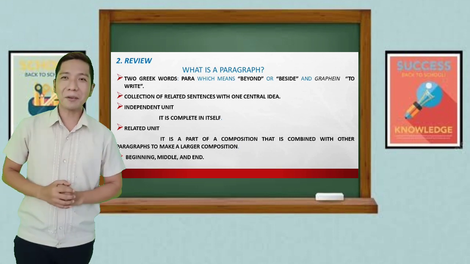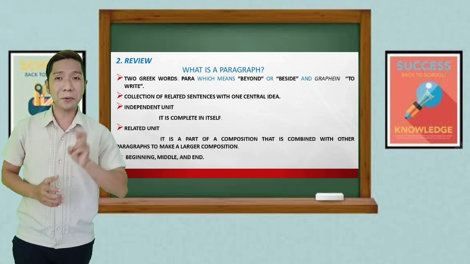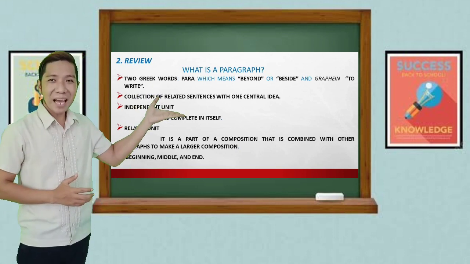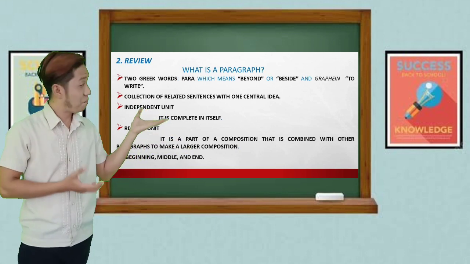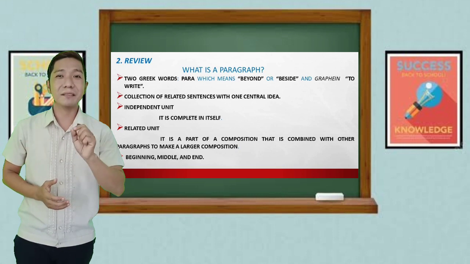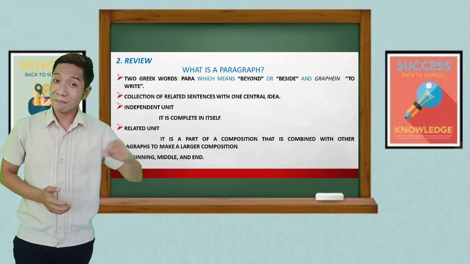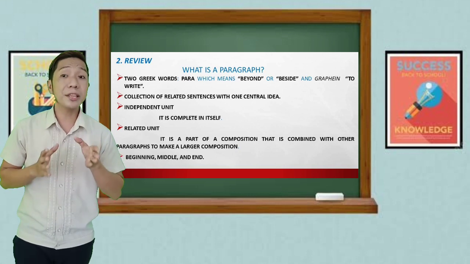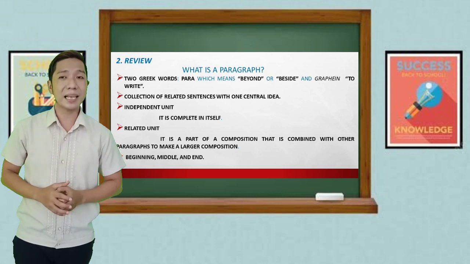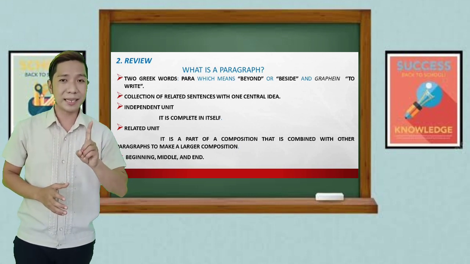The word paragraph comes from the two Greek words para, which means beyond and beside, and graphein, which means to write. A paragraph is a collection of related sentences with one central idea.